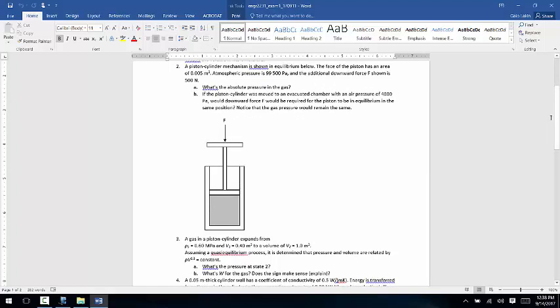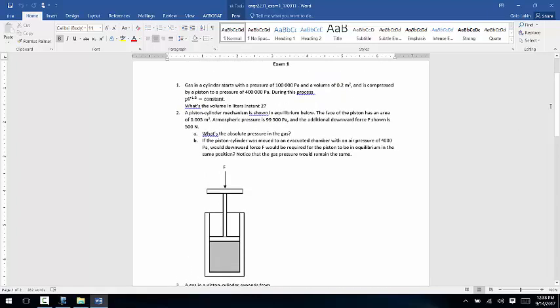Number 2. Yeah, "would downward force would." That's not good English. What I wanted was what downward force F would be required, but I saw at least one person interpret that as would a downward force be required, and then just answered yes.